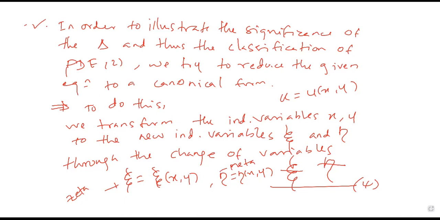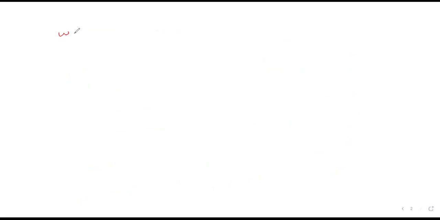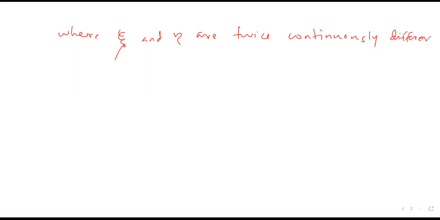Now I need to talk about theta and eta. Theta and eta are twice continuously differentiable. That is one of the conditions.